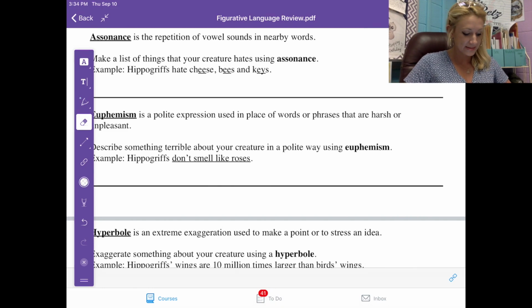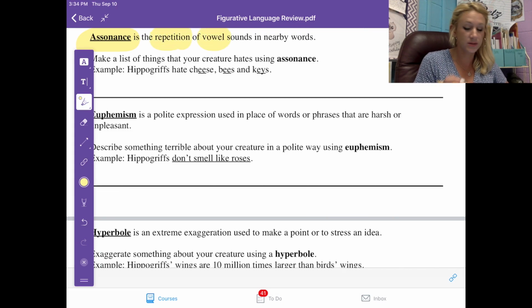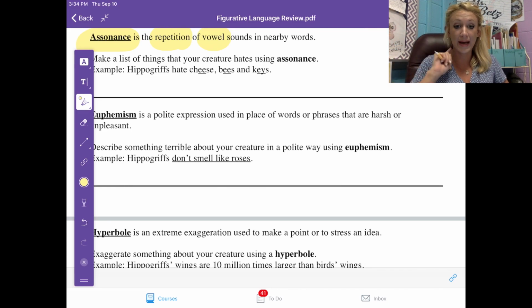Okay, so next up we have assonance. This is probably new to a lot of you this year. Assonance is going to be the repetition of vowel sounds. Vowel sounds A, E, I, O, and U. So let's take a look at the example. Hippogriffs hate cheese, bees, and keys.